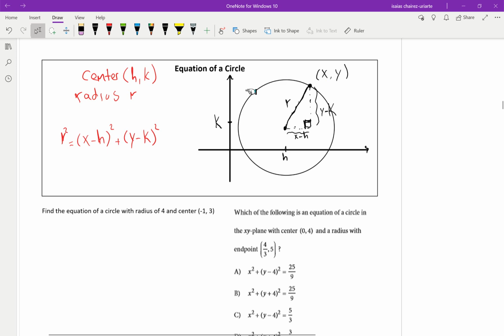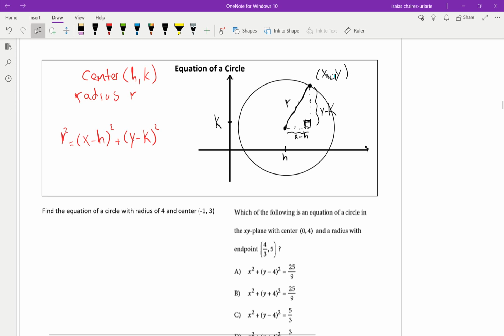If you pick any point on the circumference of the circle, the distance between that point and the center is r. If I pick any other point over here, the length between this point and the center should be r, the radius.